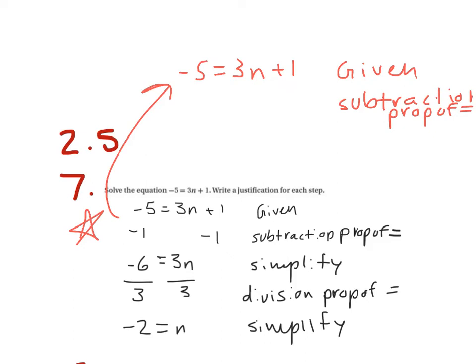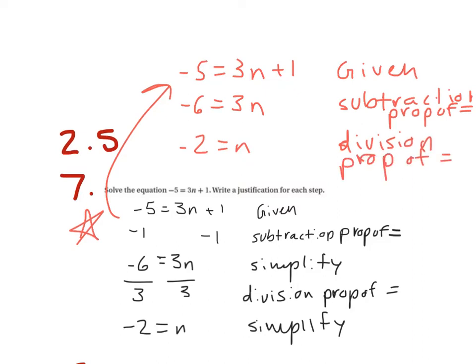And we subtract 1, and we can just write -6 is equal to 3n. And then we know we're going to divide 3 from both sides of the equal sign, so we know we get -2 is equal to n, and this would be division property of equality.